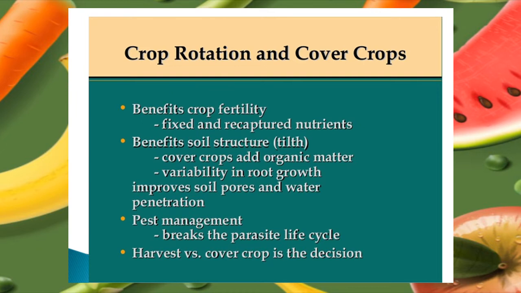See the benefits of crop rotation. It helps to benefit the crop fertility. Fixed and recaptured nutrients. We have discussed that wheat crops require more amount of nitrogen. So if continuously wheat plant is grown on the same piece of land, then the fertility of soil will be reduced.